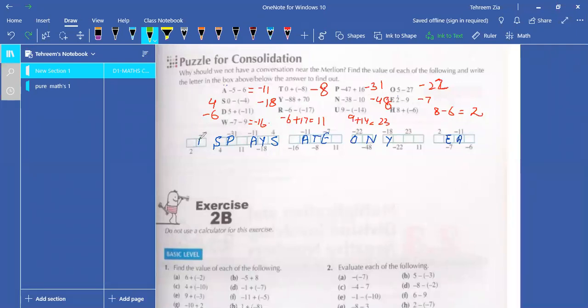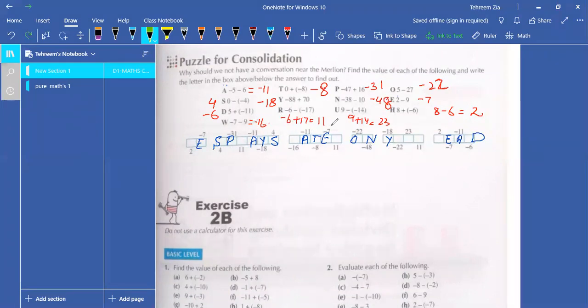E was minus 7. D is minus 6. The first value will be the last. Can you guess what it is?